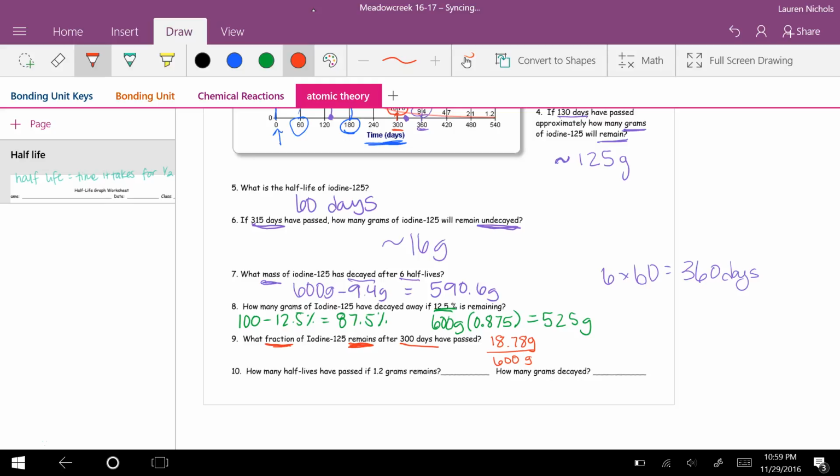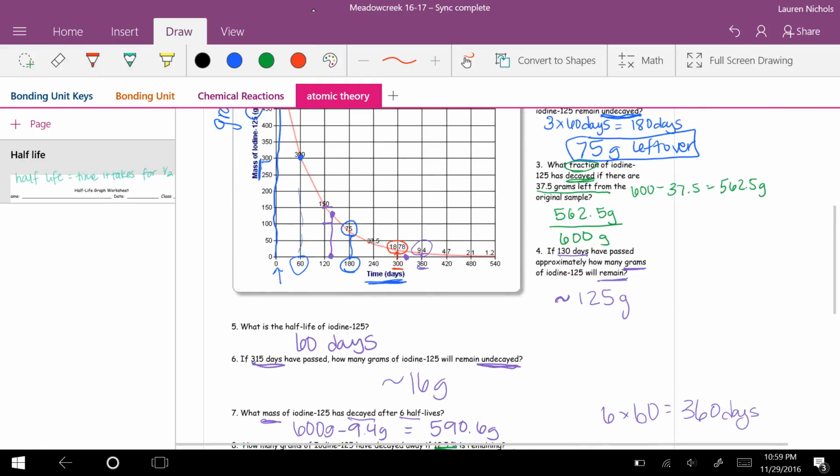Now, if we look at number 10, it says how many half-lives have passed if 1.2 grams remains. Now, we can see that 1.2 grams is right here on my chart, and if I count how many half-lives have passed, we've got 1, 2, 3, 4, 5, 6, 7, 8, 9. 9 half-lives have passed because the spacing in between every single number on our x-axis is 60 days.